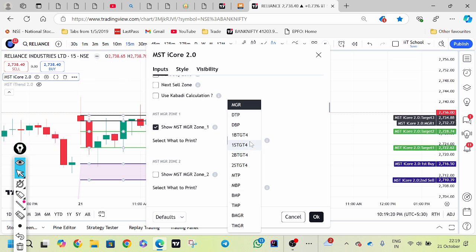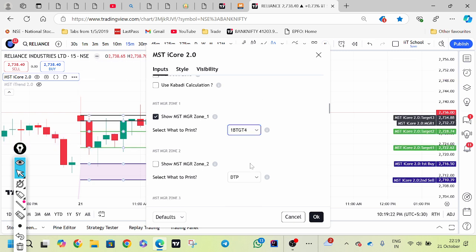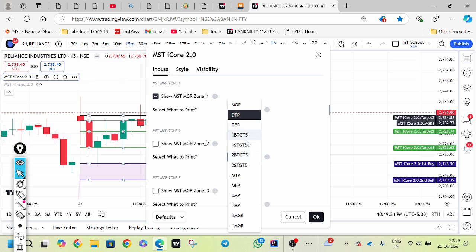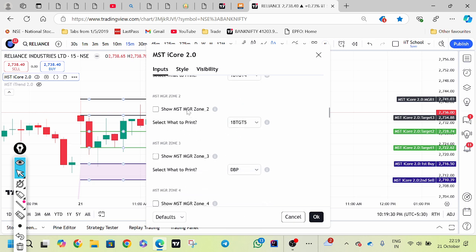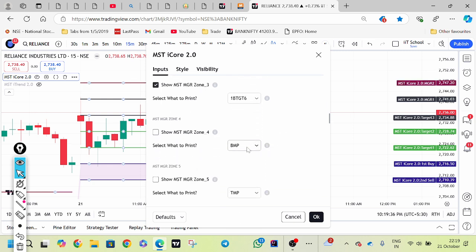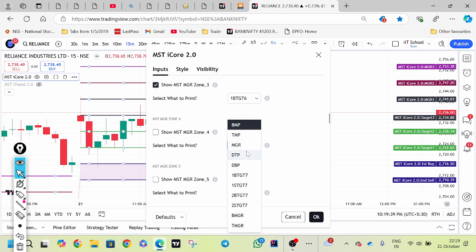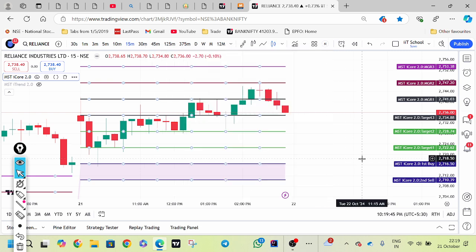If you want, you can enable extra buy targets: buy target 1, buy target 2, buy target 3, and extra targets can be added. Otherwise, you can simply keep the default settings. By default, there will be 3 targets only. If you are satisfied with those 3 targets, that is well and good.